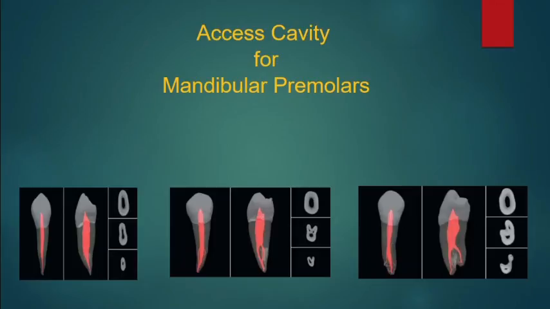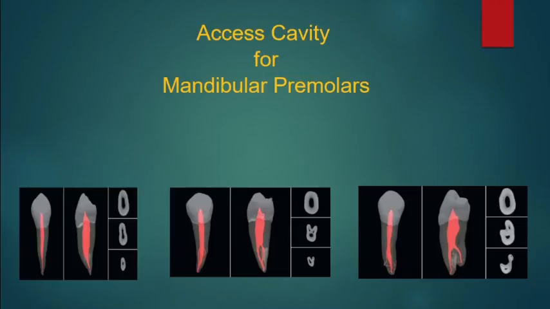Alright, now let's move on to the mandibular first and second premolars. These teeth are very tricky. They can be single canal or double canals, and sometimes they divide at the mid third, at the mid root, and branch into different numbers of canals: one, two, three, four.